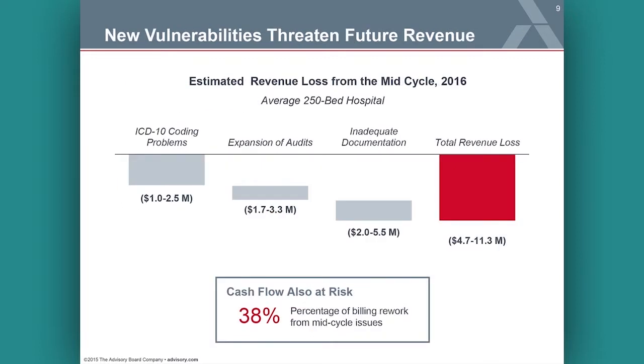So all things considered, if you were to fast forward to 2016, what we're hearing from our members is that same 250-bed hospital that was facing $2.6 million in mid-cycle risk and loss is actually potentially facing somewhere between $5 and $11 million of mid-cycle loss, not to mention the cash flow tie-ups, the rework concerns, all of their efficiency problems that they're facing.